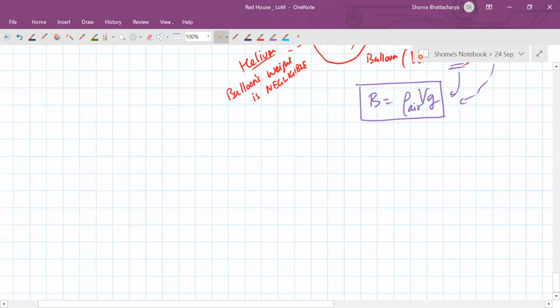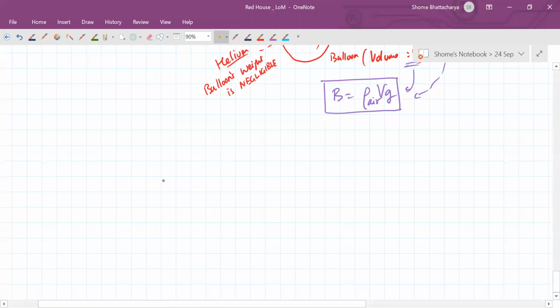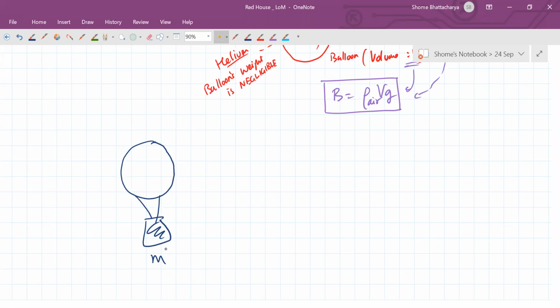So question 19 says that we have two scenarios. In one scenario, this balloon is suspended with a certain mass from it, and it is falling down near the surface of the earth at a constant velocity.